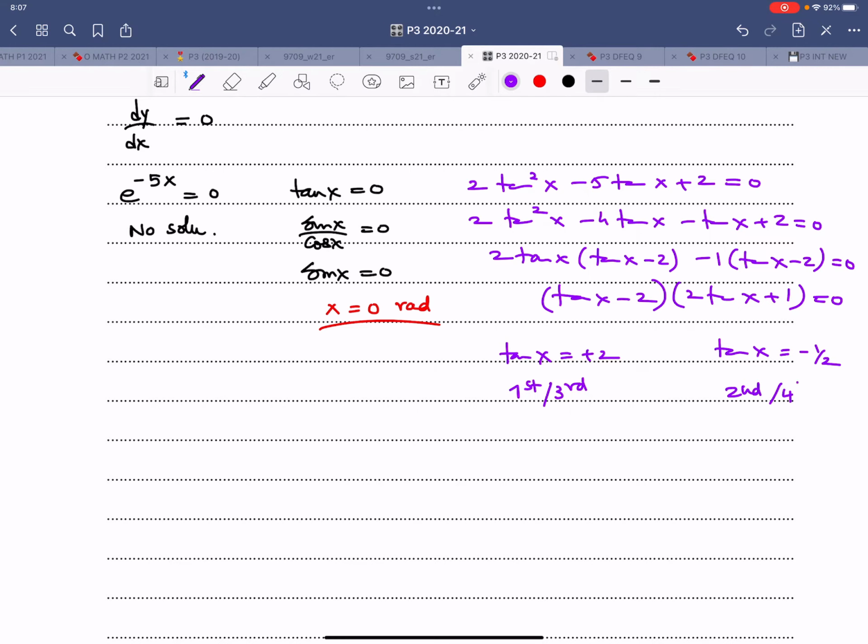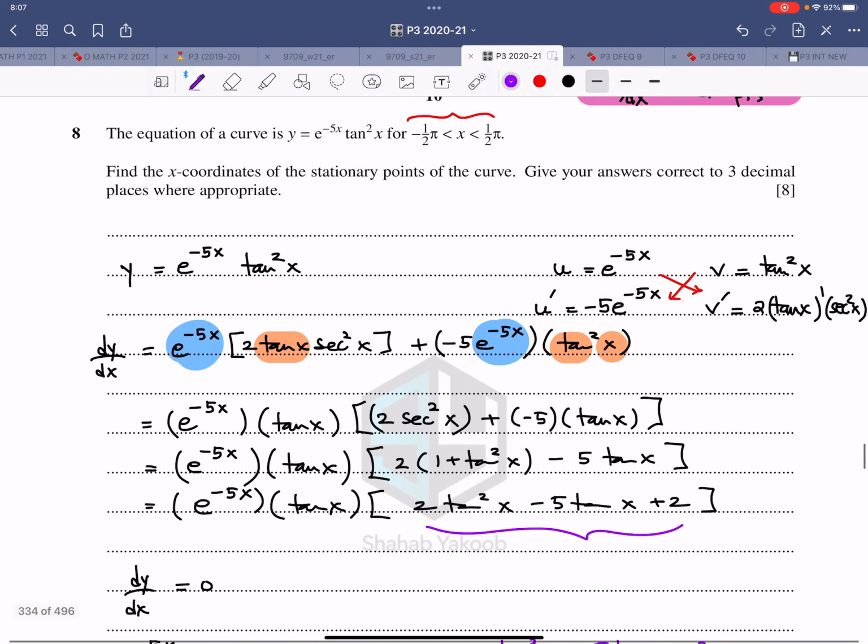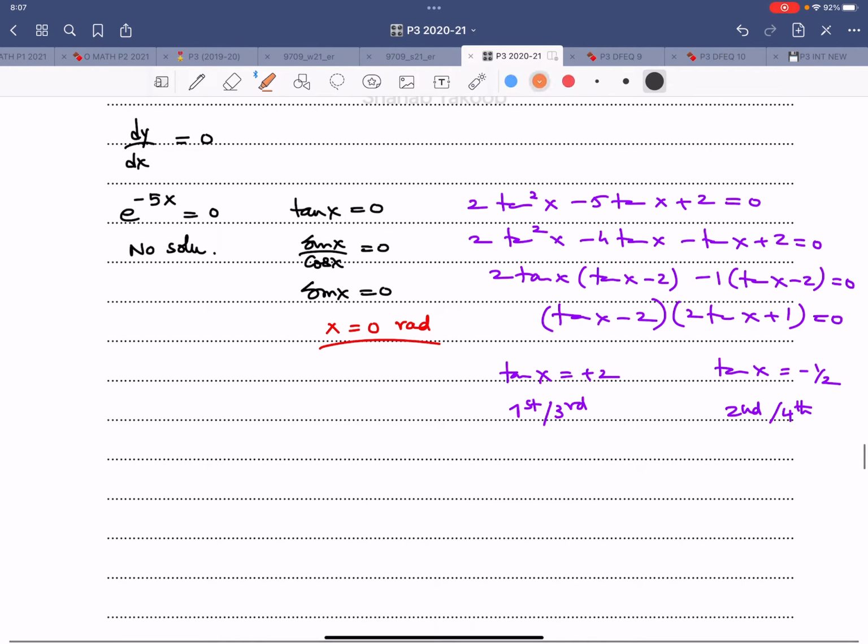The range is basically minus pi by 2 to pi by 2. So let me draw a small sketch on the side. What it means is that this is 0 till pi by 2, and this one is 0 till minus pi by 2. This is the first quadrant, this is the fourth quadrant.